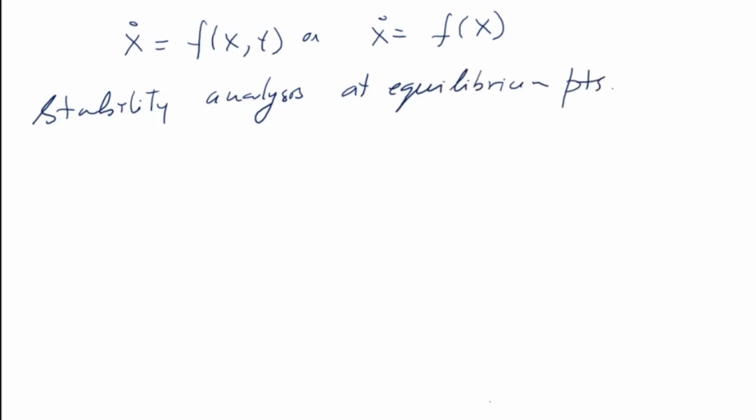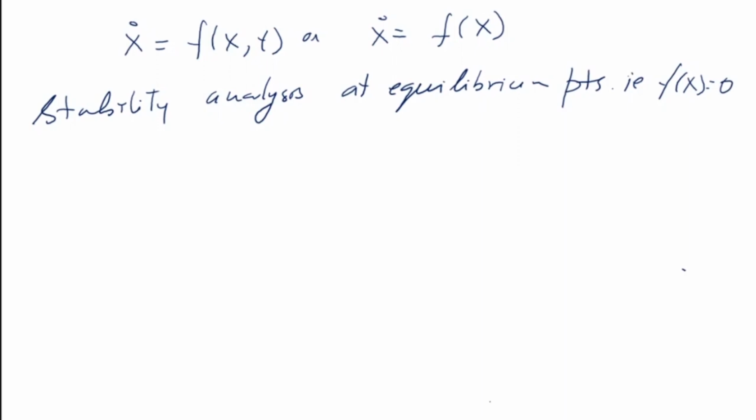The energy analysis or stability analysis of this nonlinear system will be done at equilibrium points, that is, points where f of x is equal to 0. So these are called equilibrium points.